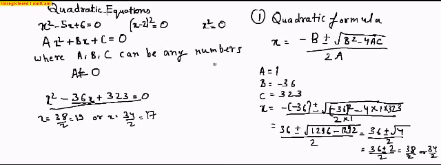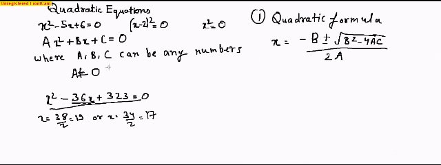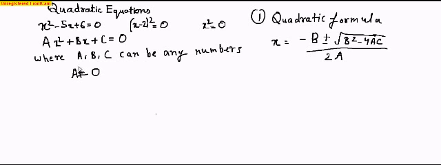So now let's try to solve another equation using the quadratic formula. So first let's get rid of whatever is there for the previous equation. Yeah, so we are ready to go.